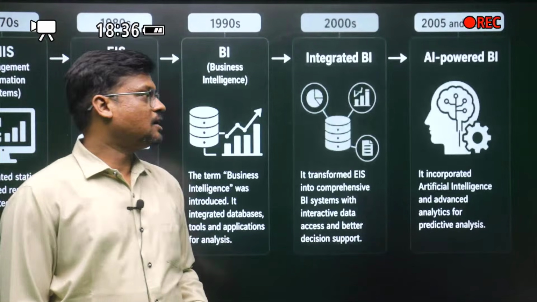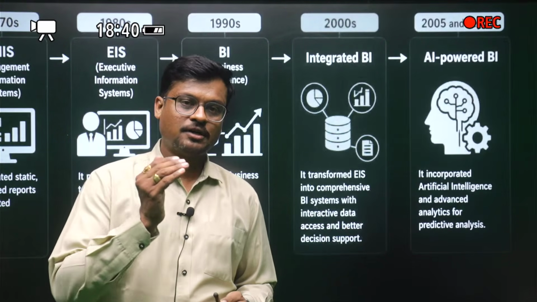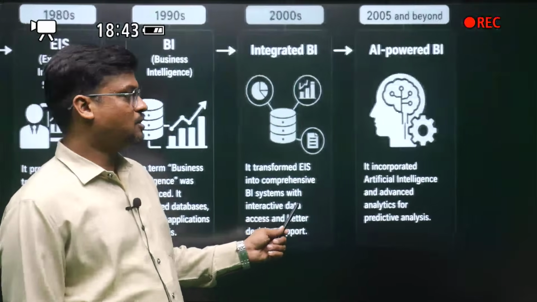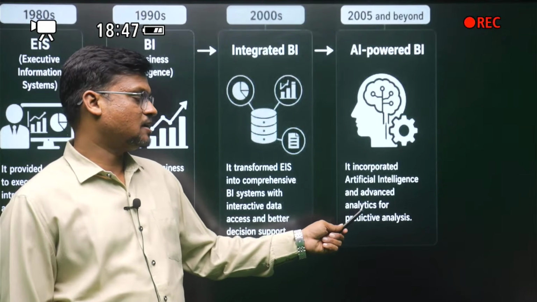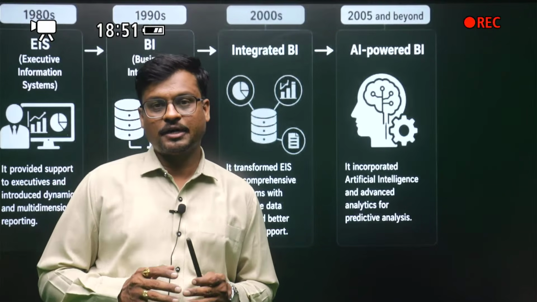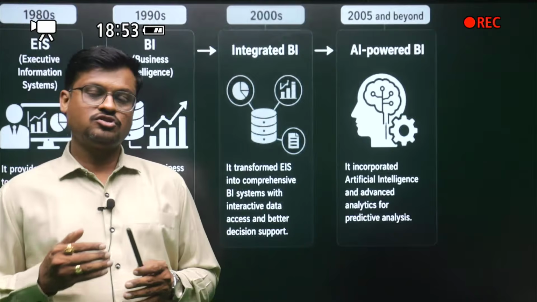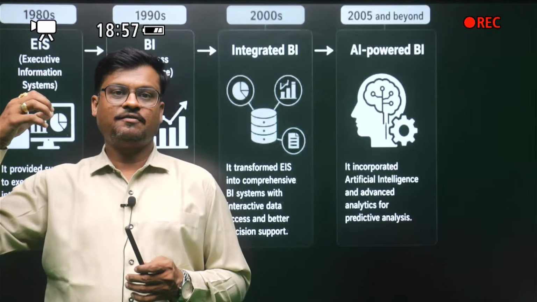And after AI was added to your business intelligence, automatic predictive capabilities also came into the picture. It incorporated artificial intelligence and advanced analytics for what? For predictive analytics. Now you are able to predict future trends and future behaviors based upon previously available data.